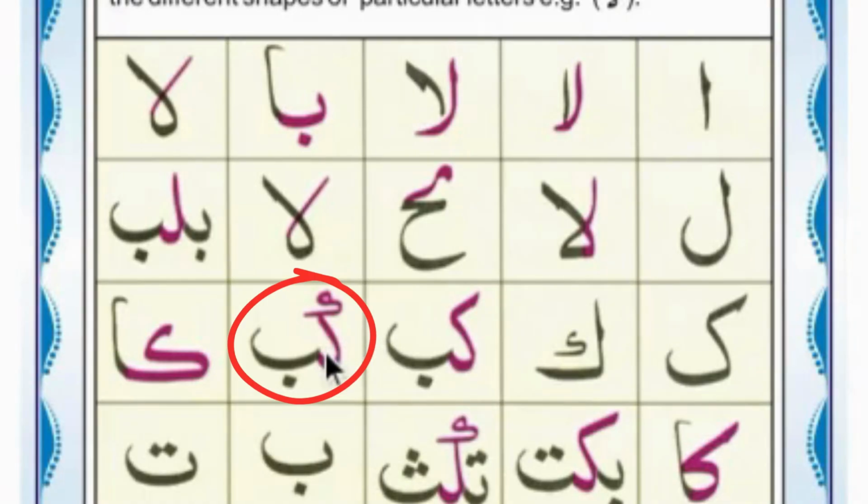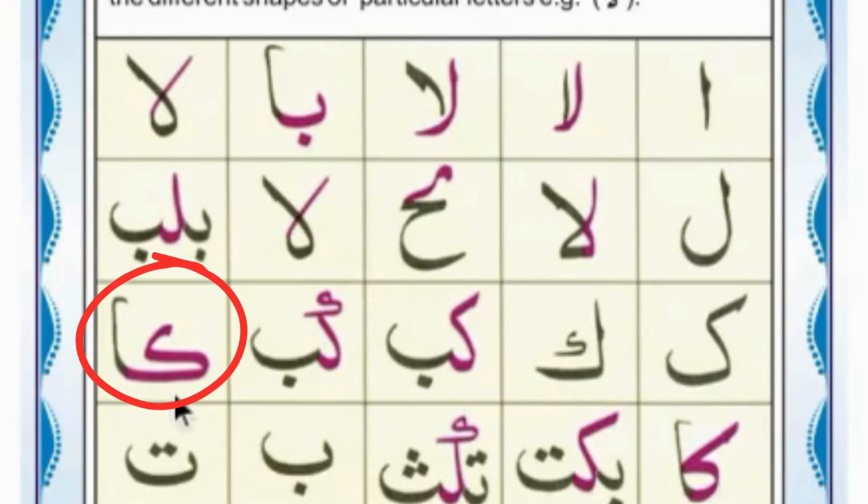It is another shape of kaf, and this stroke shape of kaf. Okay, so it's kaf, ba. Please repeat after me. Kaf, alif.